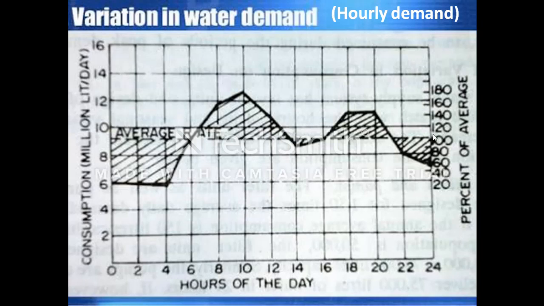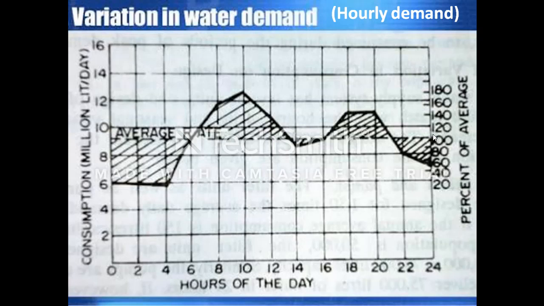Now, moving on to the hourly variation of demand. The graph shows the variation in consumption of water starting from 12 midnight, that is marked as 0 on the abscissa. On the abscissa, you have hours of the day from 0 to 24 hours, and on the ordinate, you have consumption in million liters per day. Then at 4 a.m., the use of water starts increasing.